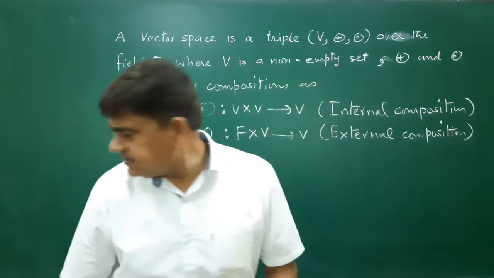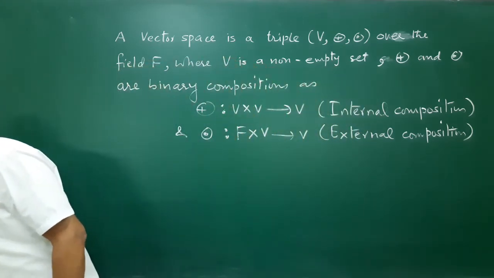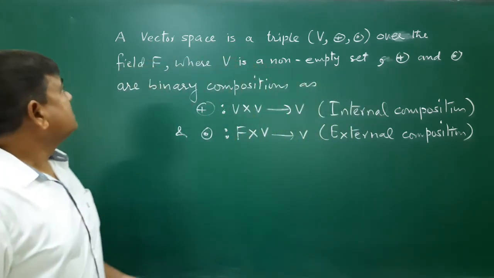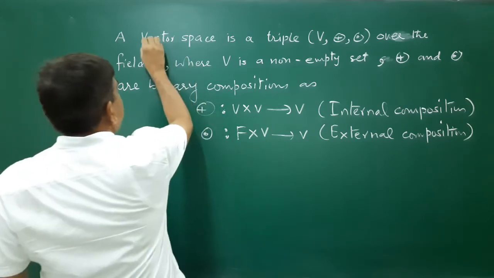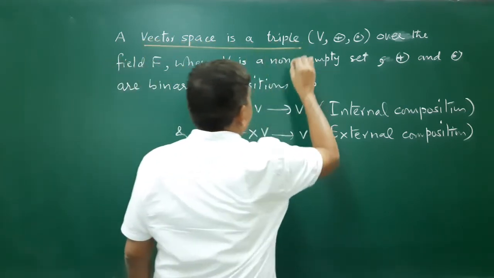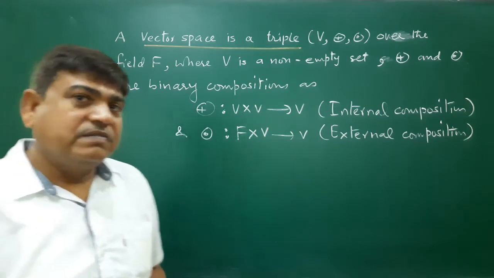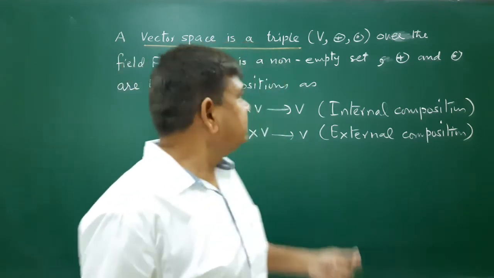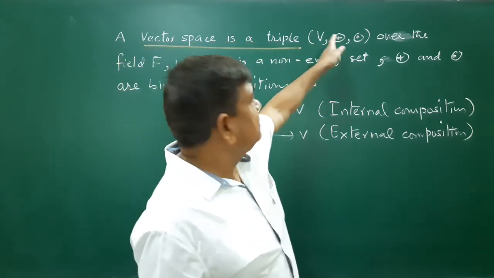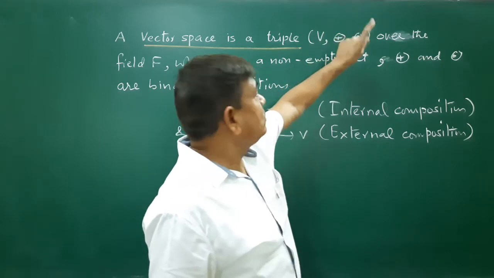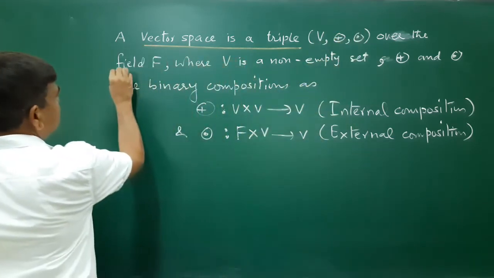You people know that. A vector space is a triple. Today I have used a new word, triple: 3 members over the field F.